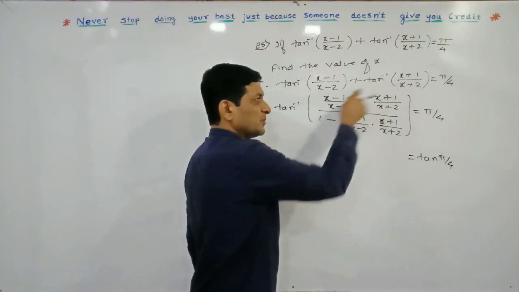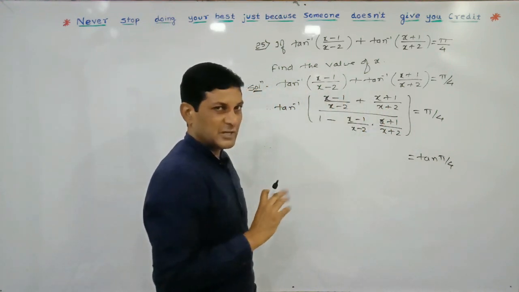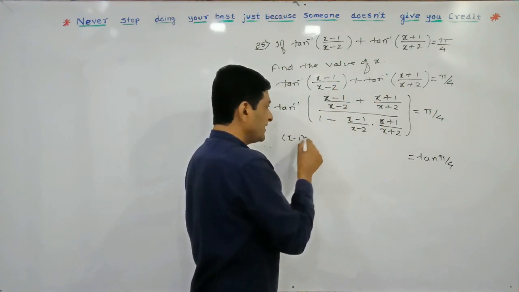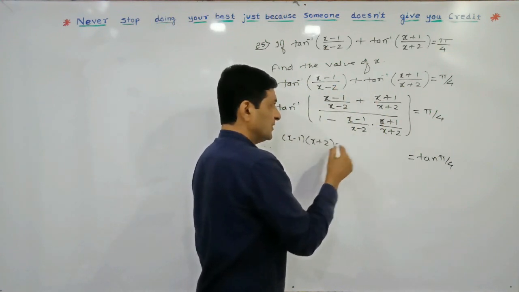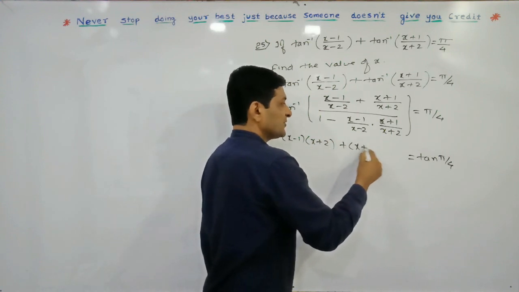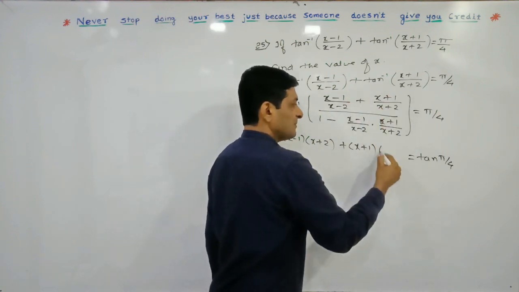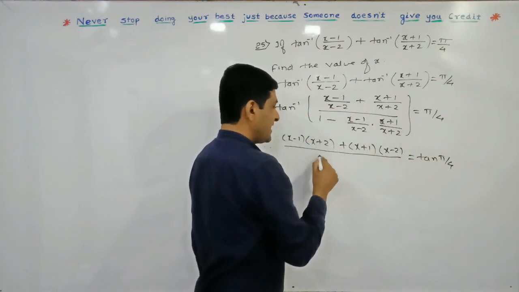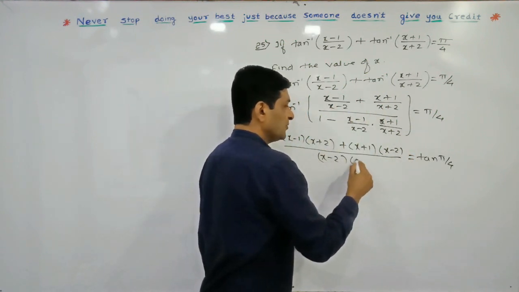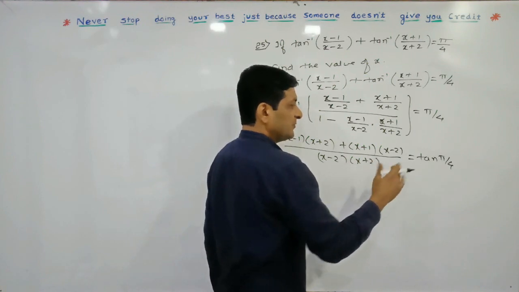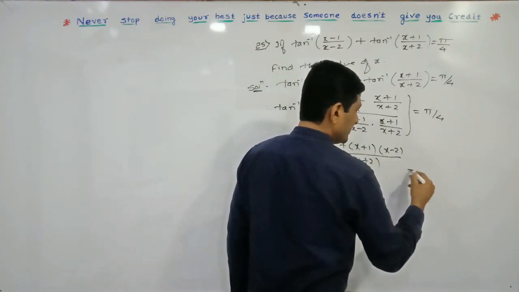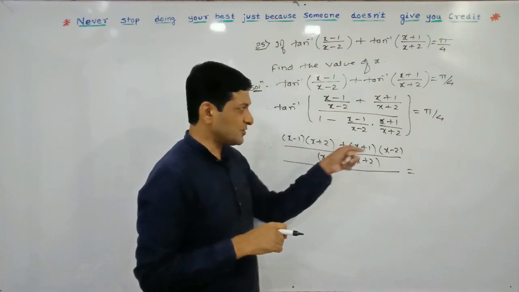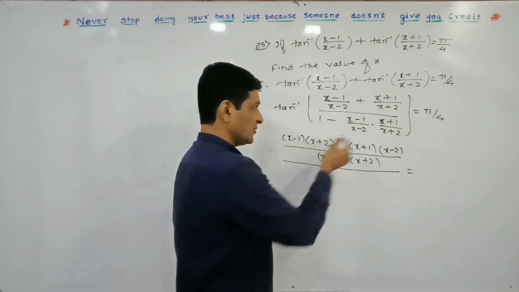We are taking cross multiplication in both numerator and denominator. So here we will get (x minus 1) into (x plus 2) plus (x plus 1) into (x minus 2), divided by (x minus 2) into (x plus 2). Just simply, we have taken cross multiplication in the numerator. Similarly, we take cross multiplication in the denominator also.